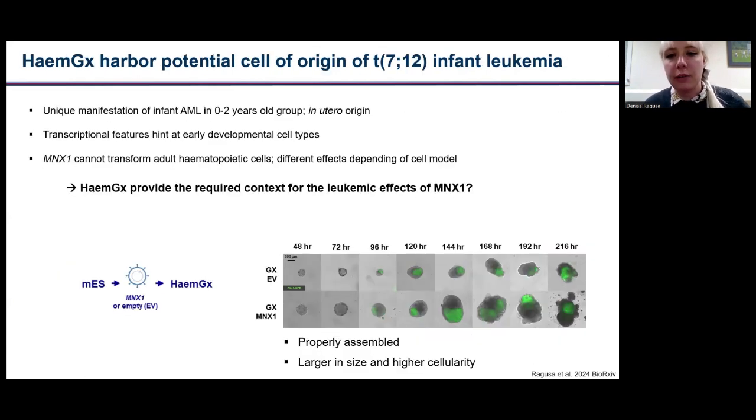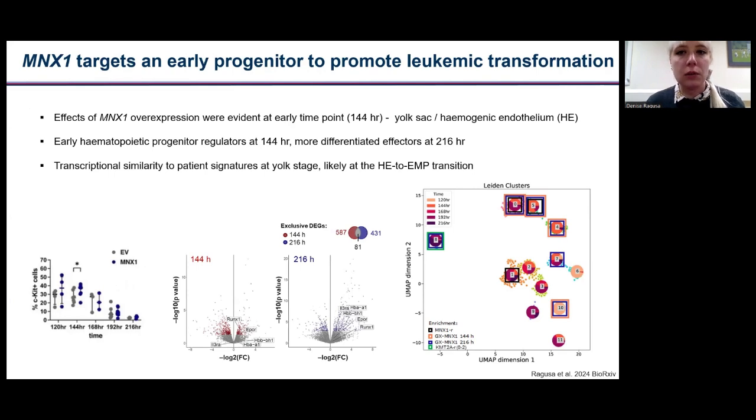So the advantage here is obviously that we can really reconstruct the events of MNX1, not only at the cellular level, but also within the context of the microenvironment that they would be acting in vivo. Not to go too much into the details, we see that the effects of MNX1 on the hemogenic development seem to hit at 144 hours.